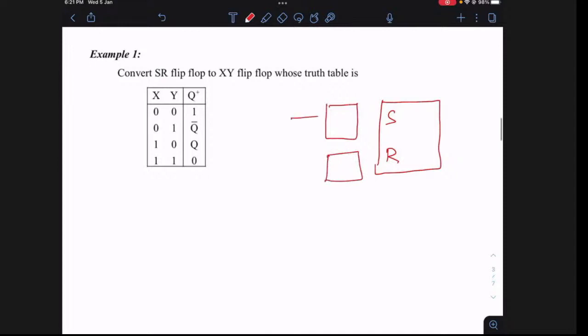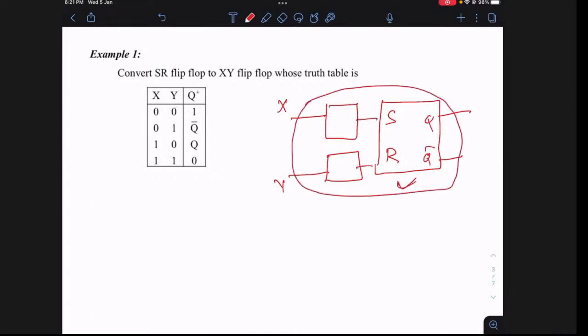But ultimately, I want to see this as an XY flip-flop. This is your Q, this is your Q complement. You have this SR flip-flop given, and you want to make it an XY flip-flop. That is my requirement. So basically, you have to tell me what should be connected to S and what should be connected to R, so what is here and what is here. Based on that, you can tell.